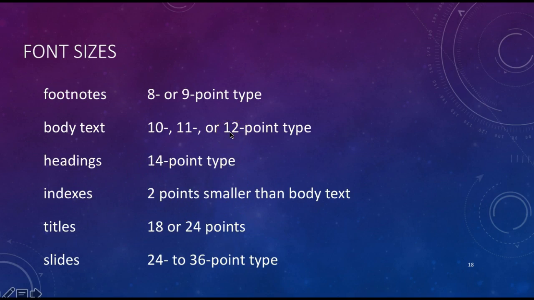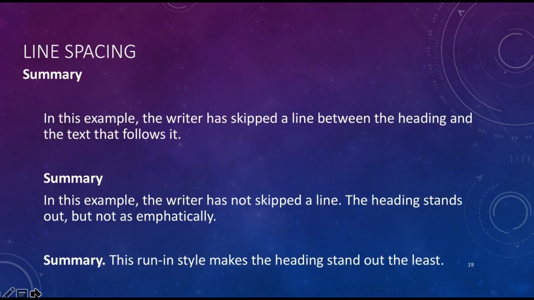So if my body text is 12, my index is going to be 10. Titles are 18 to 24 points, and slides are 24 to 36 point. In this slide presentation, my headings are 36 point, and my slides are 28 point, or sometimes 32.